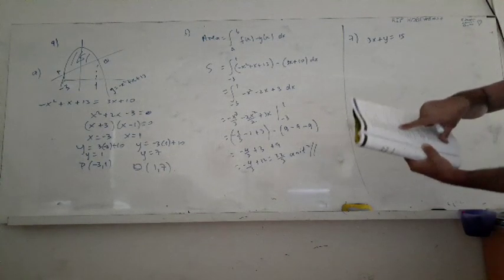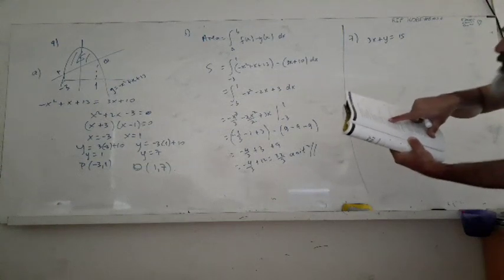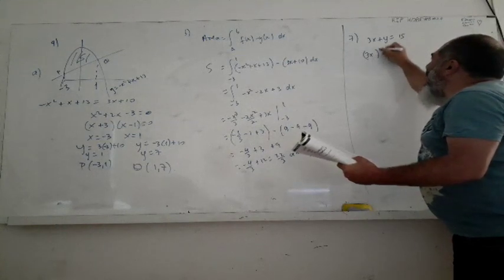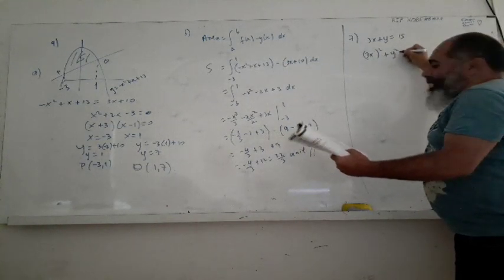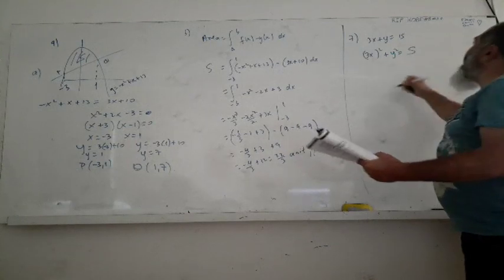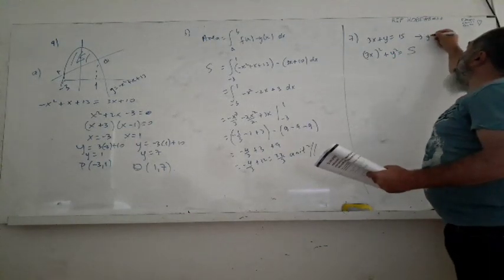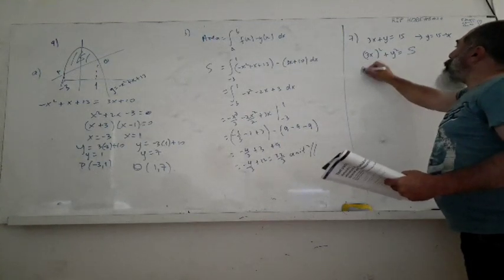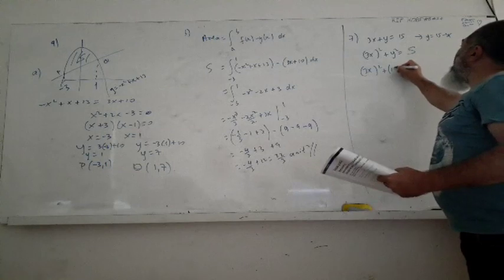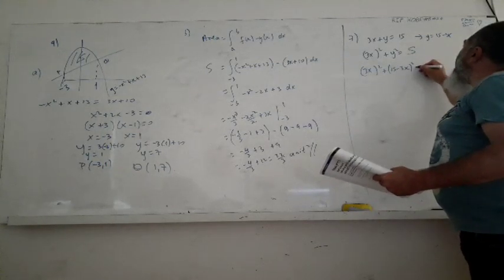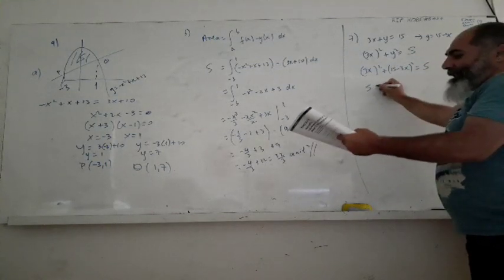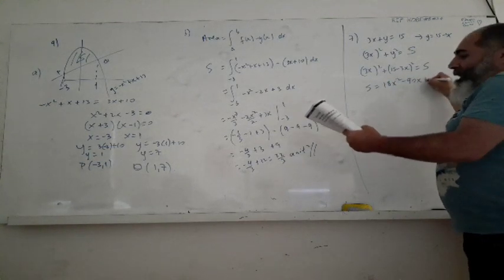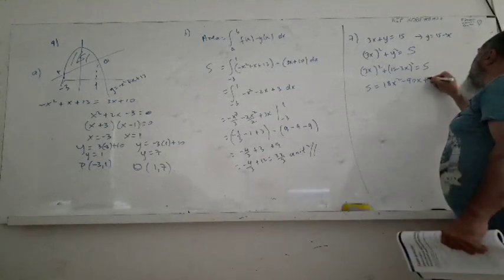So sum of squares of 3x and y is equal to S. So here y is equal to 15 minus 3x, 3x squared plus 15 minus 3x squared is equal to S. S is equal to 18x squared minus 90x plus 225. That's how we obtain it.